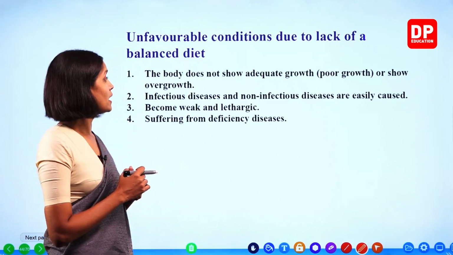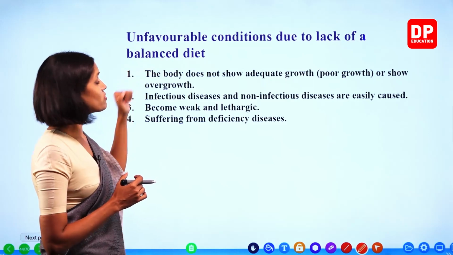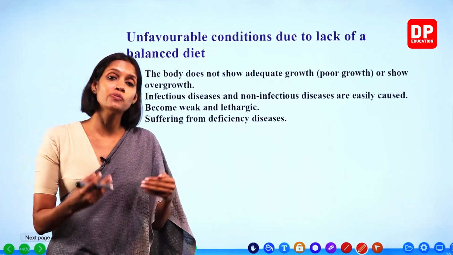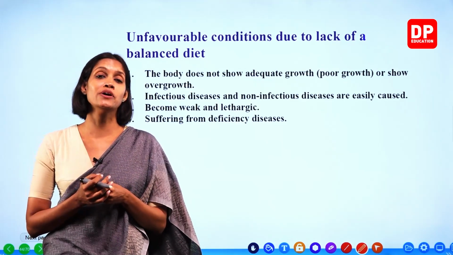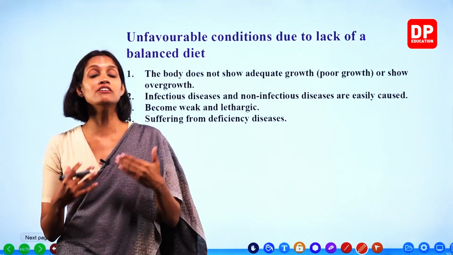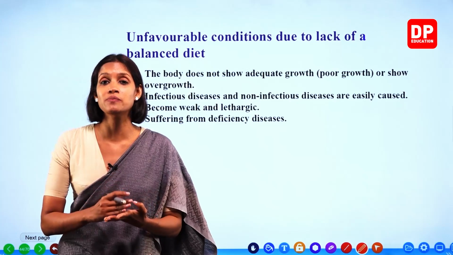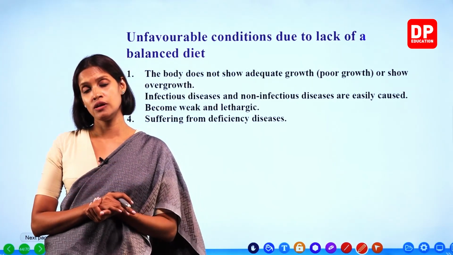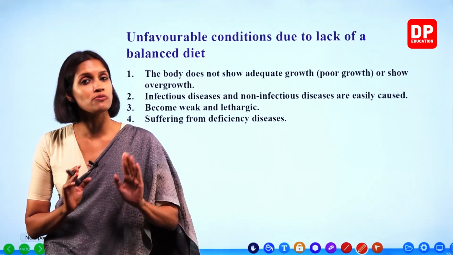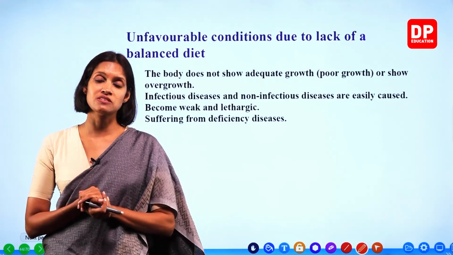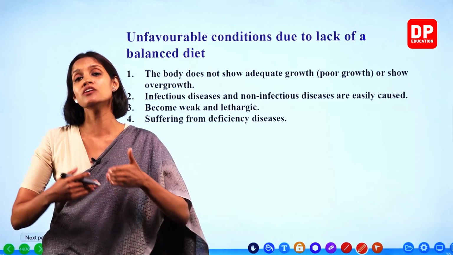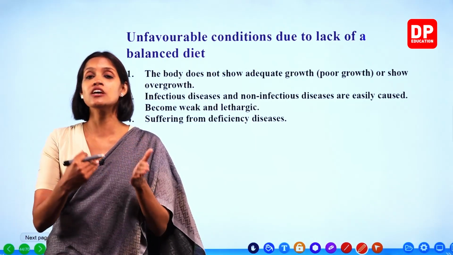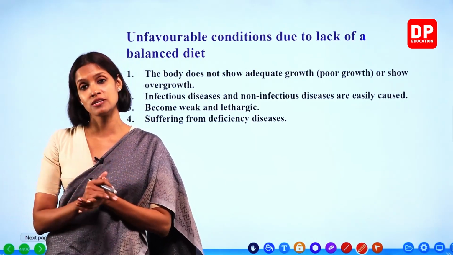At the same time, because of overgrowth, if you consume too much salty, sugary, fatty food, what will happen? You will get a lot of non-infectious diseases like high blood pressure, heart attacks and so on. So you know the difference between infectious and non-infectious diseases. Infectious diseases spread from one person to another person. Non-infectious diseases don't spread from person to person.